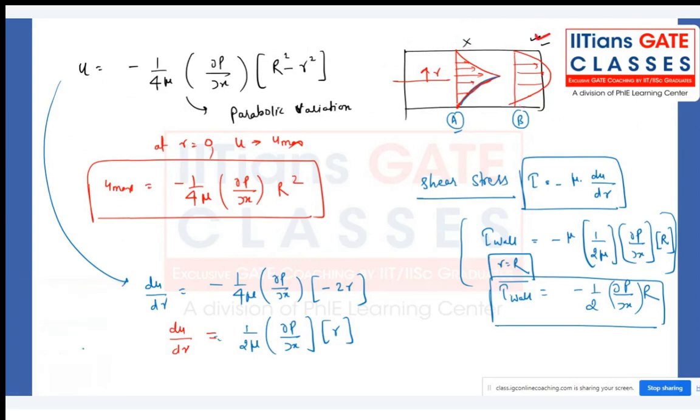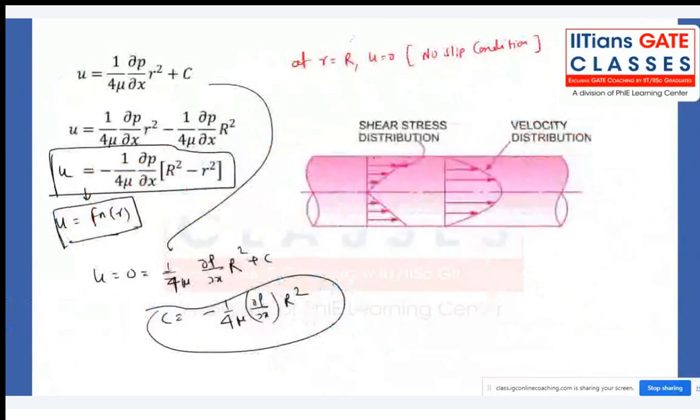When I multiply by mu, mu into du by dr, I get tau, which is 1 upon 2 dou p by dou x into small r. It varies as r to the power 1, so it has a linear variation like this. At r equal to 0 the shear stress will be 0, and it varies like this. Note down these things.